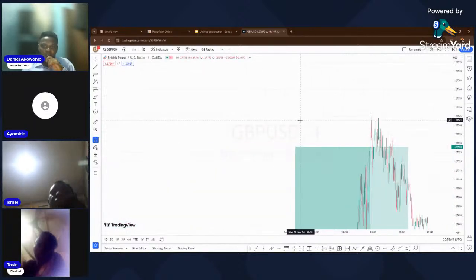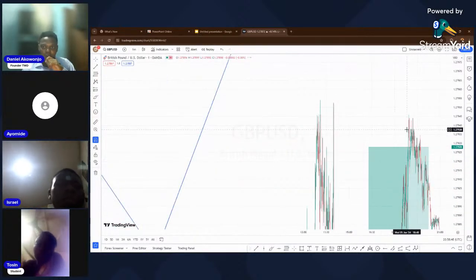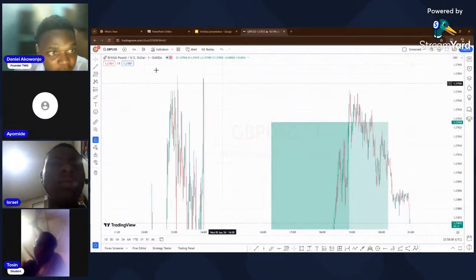So let's go and look for what was resisting price at this point in time. Good. You can see a resistance zone here.